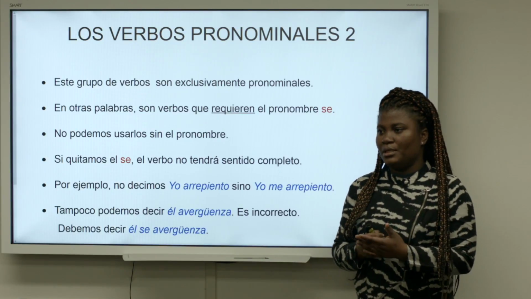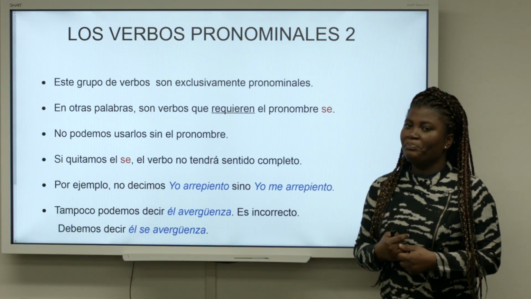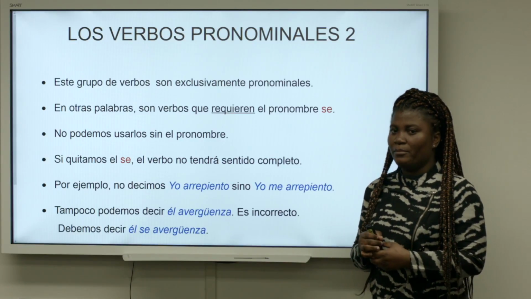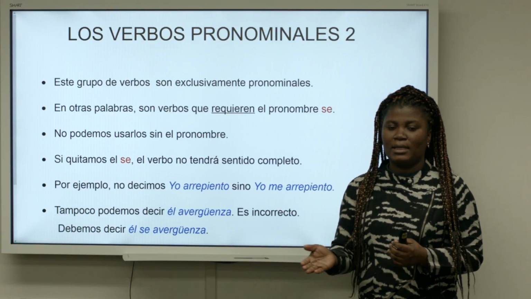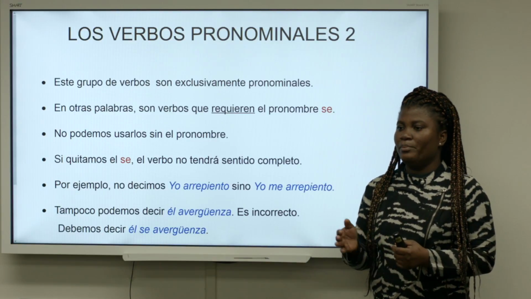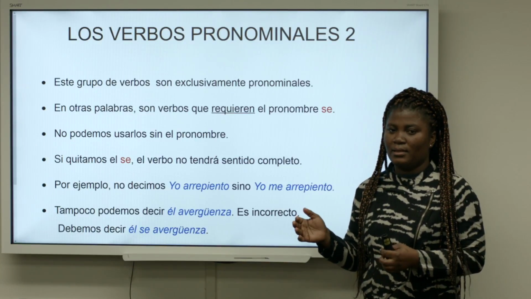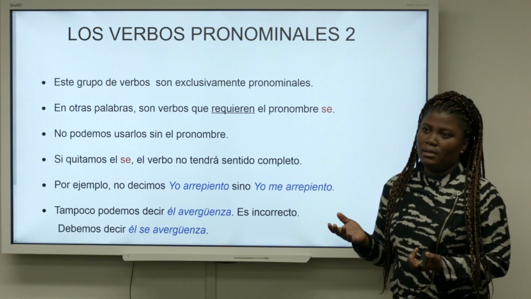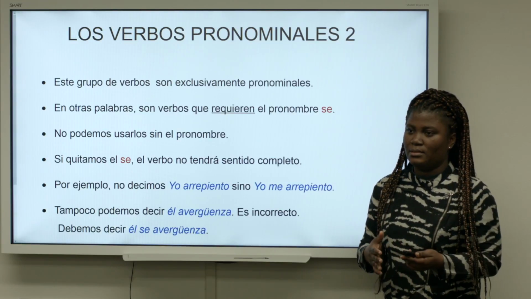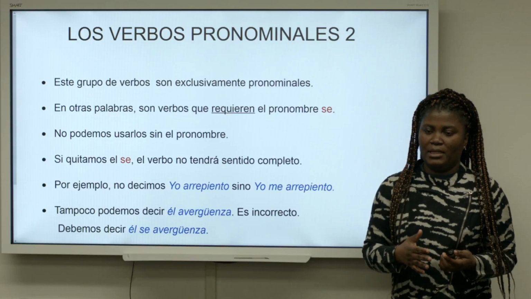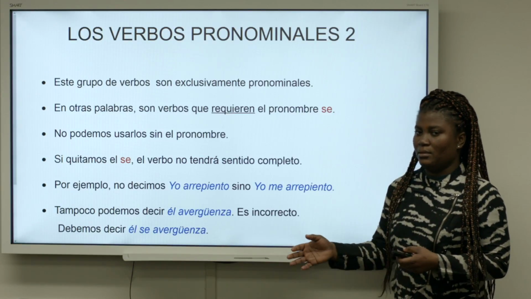There are other verbs that you can, like acostar, as we saw in the previous video. When you take the se away from acostar, acostar itself means to lie down. So the cat can be lying down. Your bag can be lying down. Any other inanimate thing that's not a human being or a living thing can lie down.